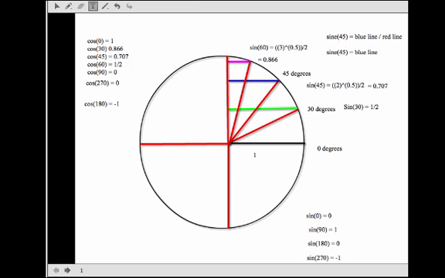Because by the way, if you ever have to figure out tangent, tan x is just sine x divided by cosine x. So for instance, if you wanted to figure out what the tangent of 30 degrees is, you'd say, okay, well, the sine of 30 degrees is 1/2. So let me give you an example. Tan 30 is equal to sine 30 divided by cosine 30.